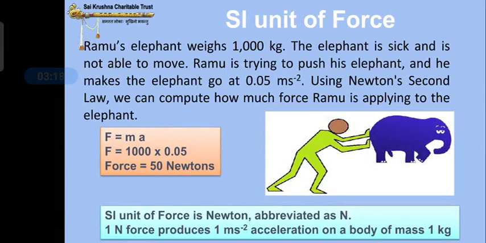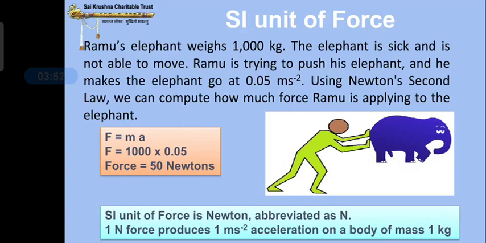So let's take an example here. Ramu's elephant weighs 1000 kg. The elephant is sick and is not able to move. Ramu is trying to push his elephant and he makes the elephant accelerate at 0.05 meter per second squared. Using Newton's second law, we can compute how much force Ramu is applying to the elephant, which means F = m × a. The mass of the elephant is 1000 kg, and the acceleration he is able to make is 0.05.